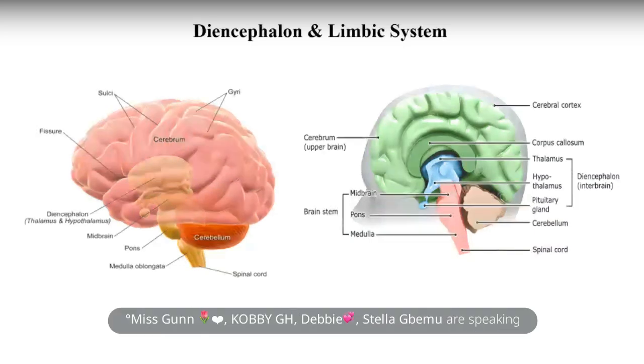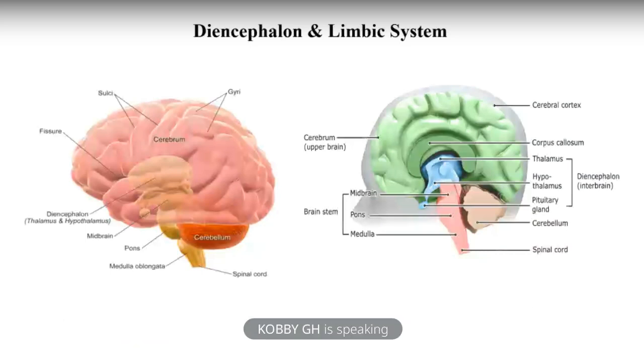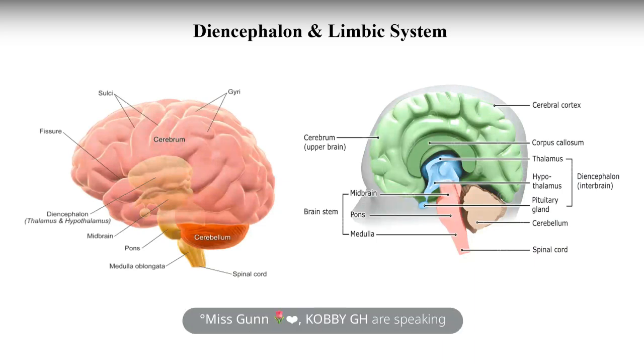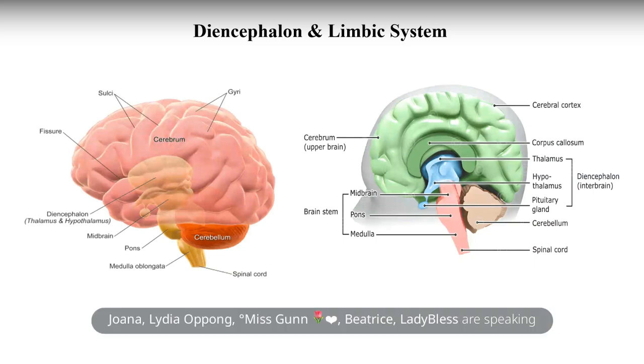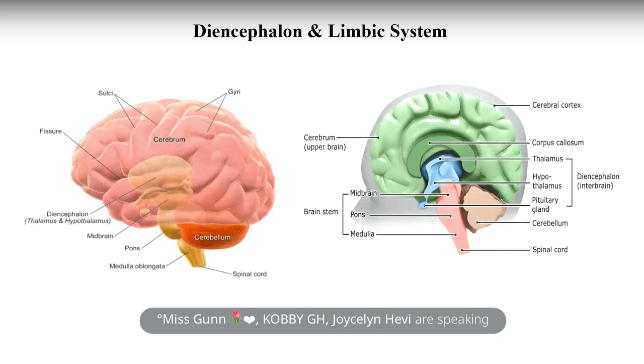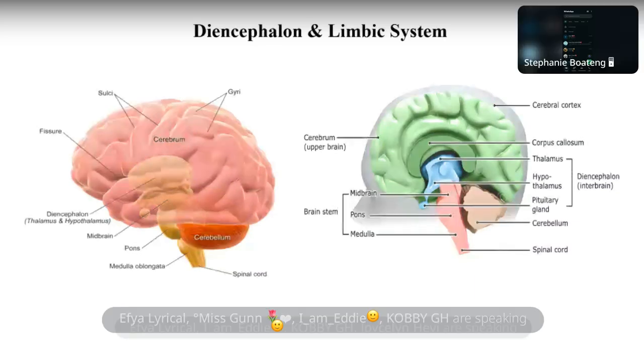The diencephalon. And if we ask you, which part of the brain is responsible for regulating vital activities, like your breathing rate, blood pressure, and heart rate? What will be your answer? The brainstem. It's not the diencephalon.